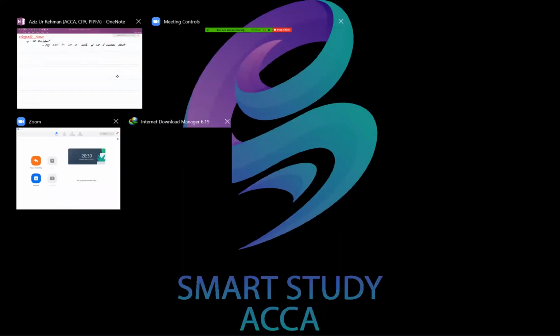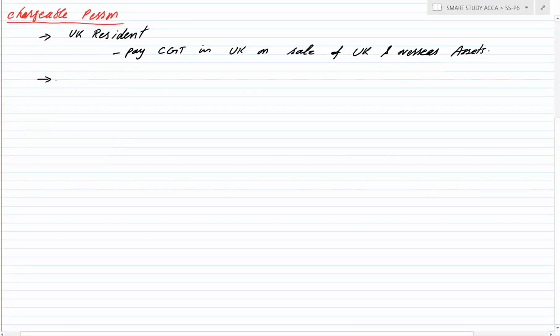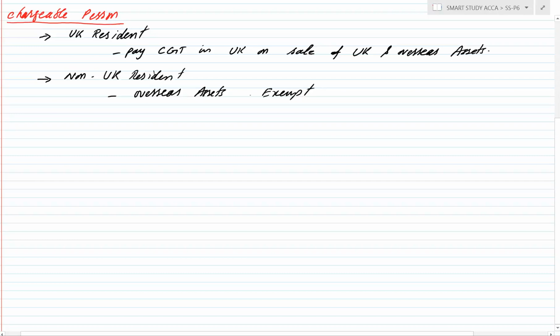On the other hand, if the person is not UK resident, non-UK resident, then all of his overseas assets are exempt. All of his UK assets are exempt.